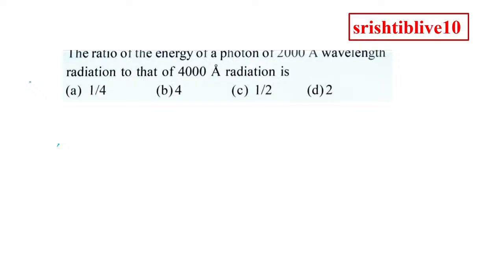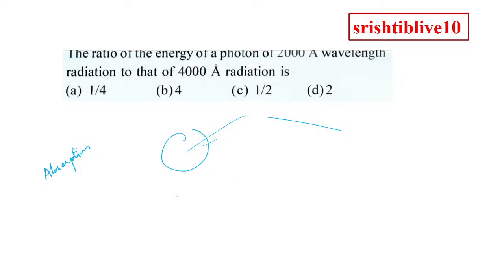Solar spectrum, Rakesh, is an example of absorption spectrum. In this case we get a number of dark absorption lines. We discussed in the session that we have two types of spectrum, absorption and emission spectrum.